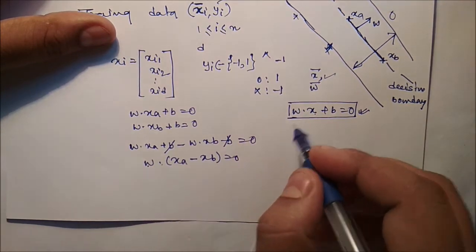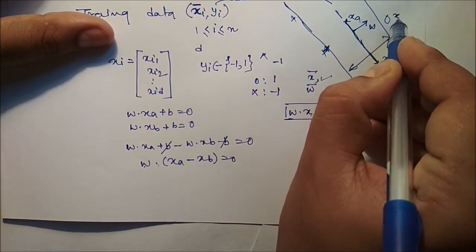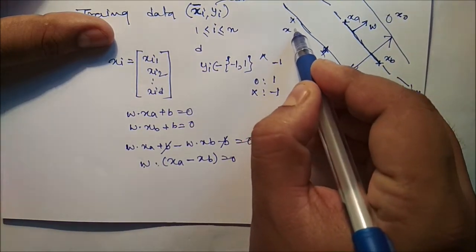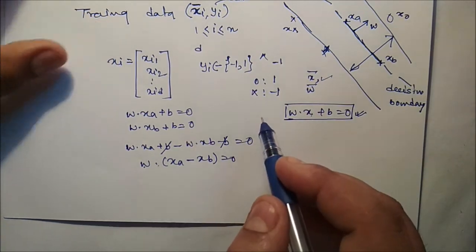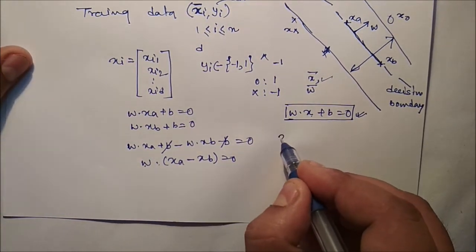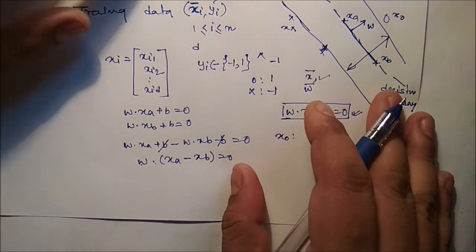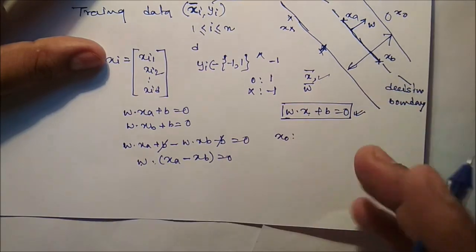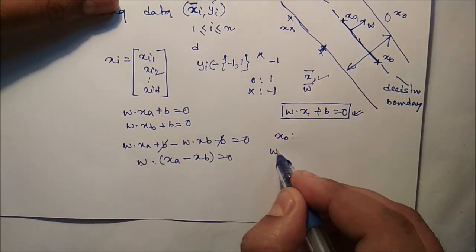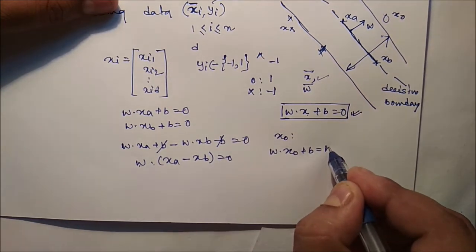Next, suppose a data point, say this is our x0, and say this is our x cross. Now x0 is located above the decision boundary, and x cross is located below the decision boundary. That means we can say w·x0 plus b is equal to k.